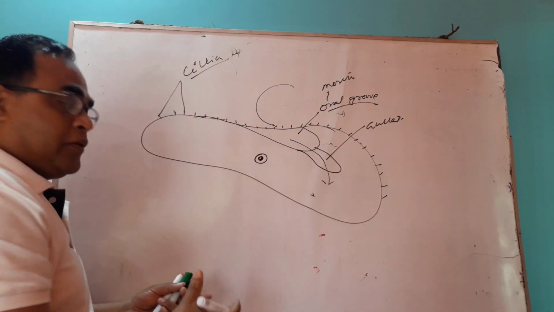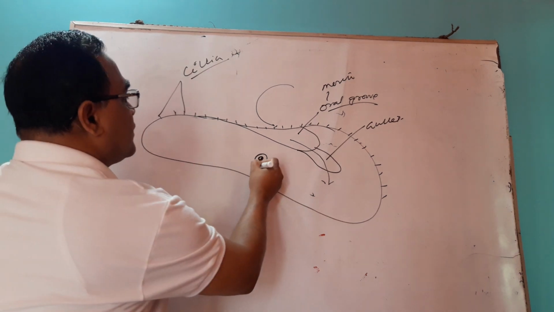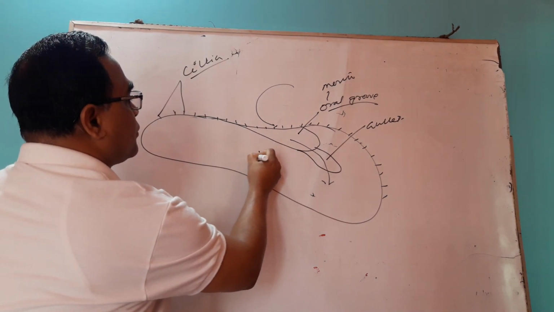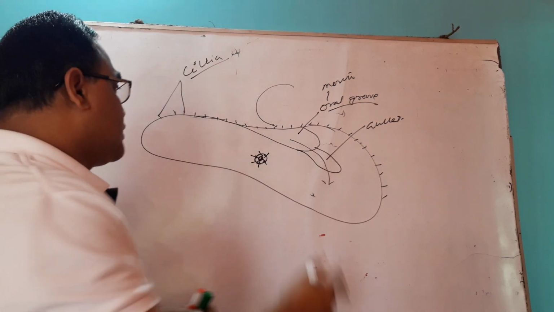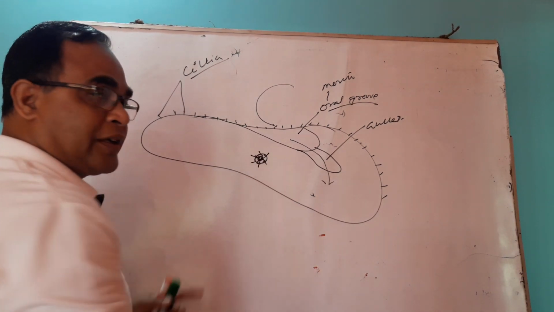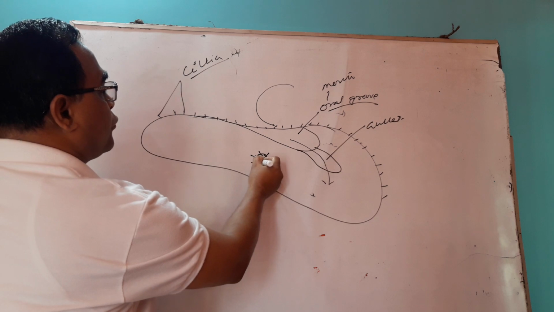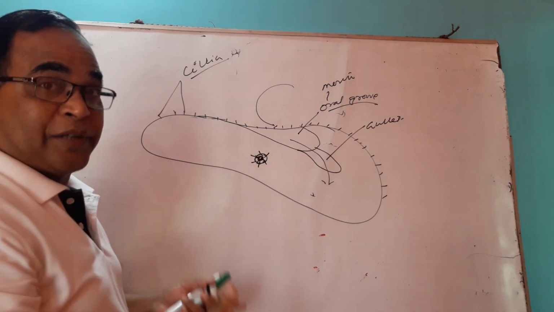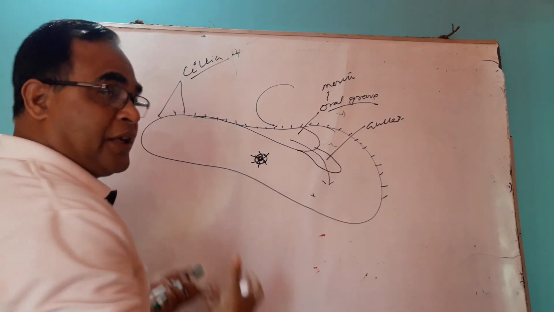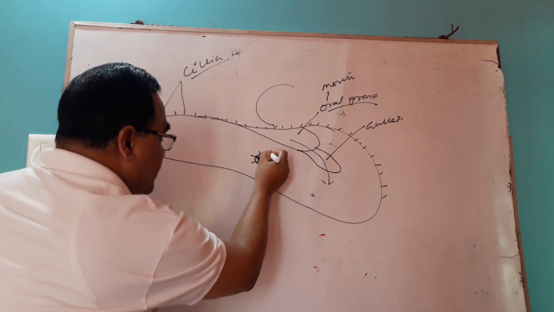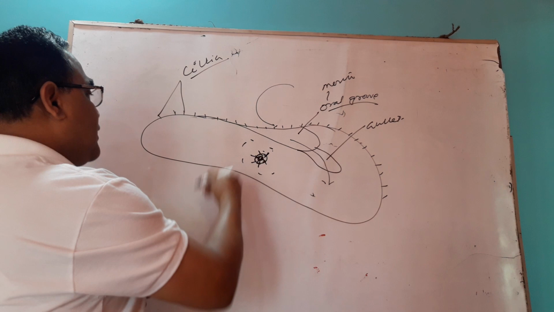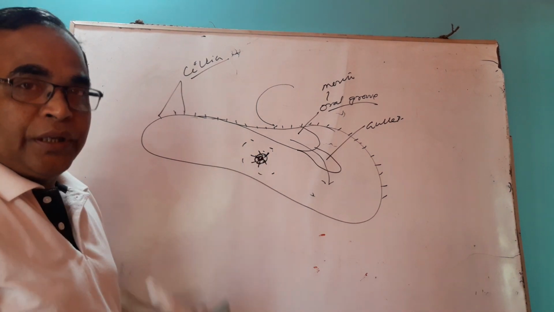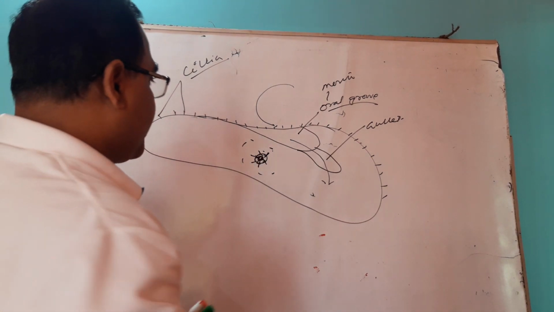Once the food vacuole is formed, again digestive enzymes are secreted within it. Digestive enzymes break the complex food, and then the food is absorbed. Absorption means the diffusion of the digested food into the cytoplasm.